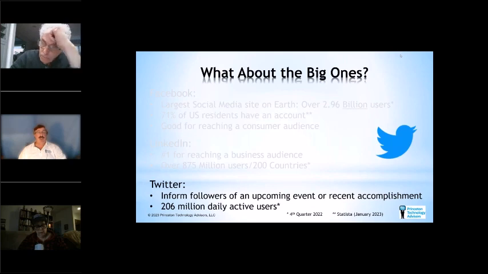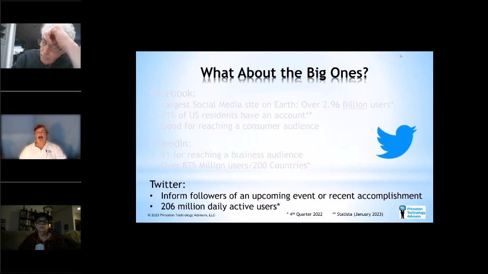They have close to 400 million users, but what they promote is that they have 206 million active daily users. And that number has actually come down a little bit since the last year or so. What Twitter used to do was weed out users that had phony content and such.